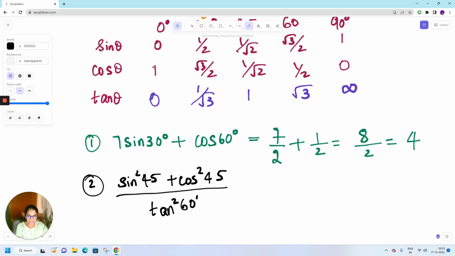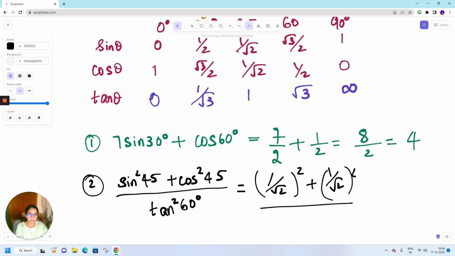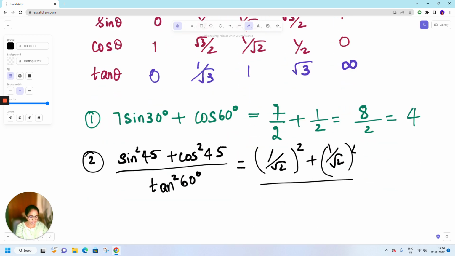What is sine 45 degree? Observe the table. That is 1 divided by root 2, the whole square, plus 1 divided by root 2, the whole square again, divided by, what is tan 60 degree? Tan 60 degree is root 3.